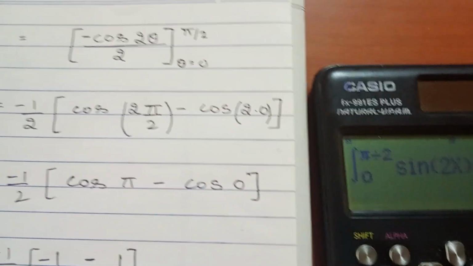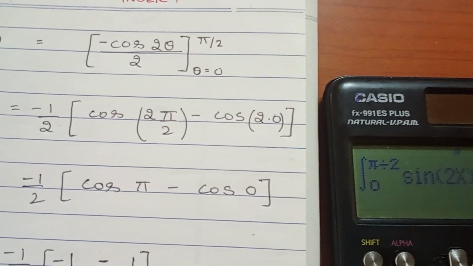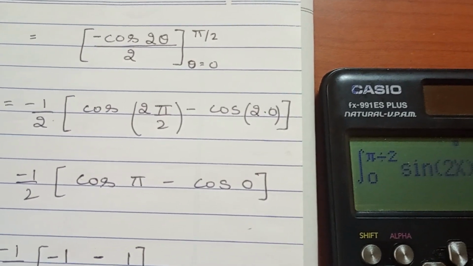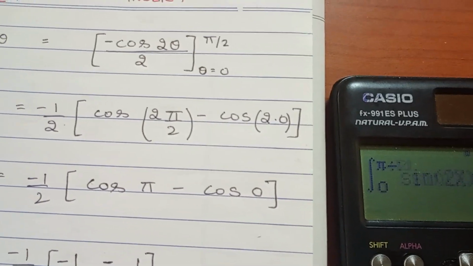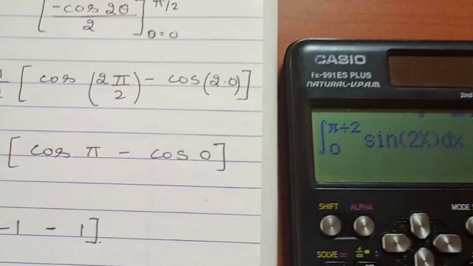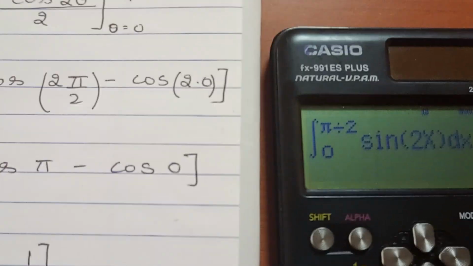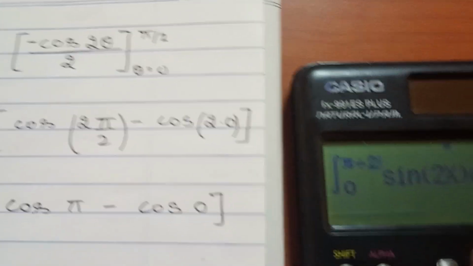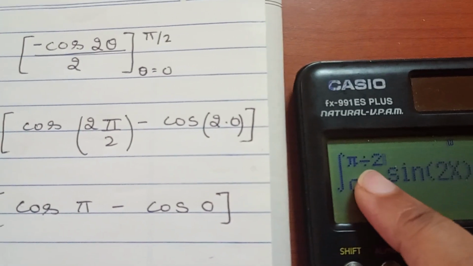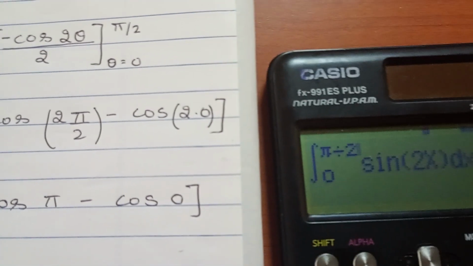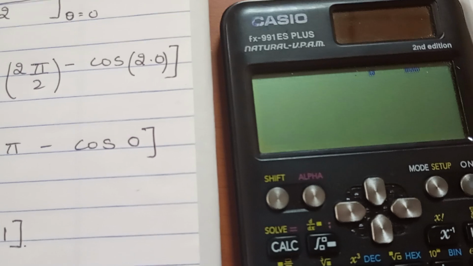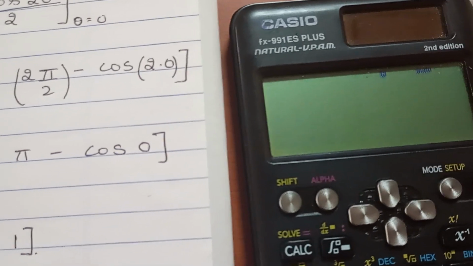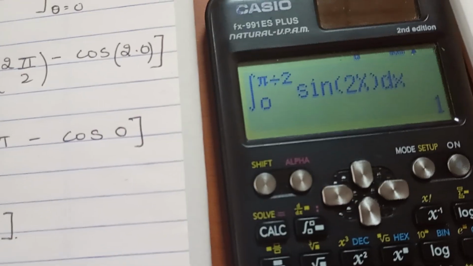So you can do shift insert and then come back here. Like that you can use the insert button, so it will not delete whatever was there. If you had not used the insert button, this divide would have been eliminated. Then press equal to, we are supposed to get 1.